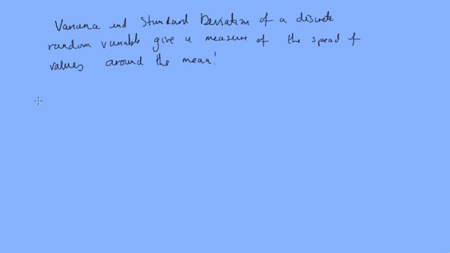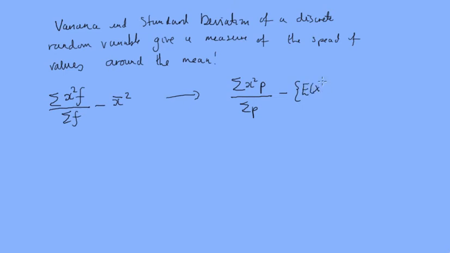So let's think about our formula for variance: sum of x squared f over the sum of f, minus the mean squared. And so we can rewrite that as the sum of x squared p over the sum of p, minus the expectation squared.